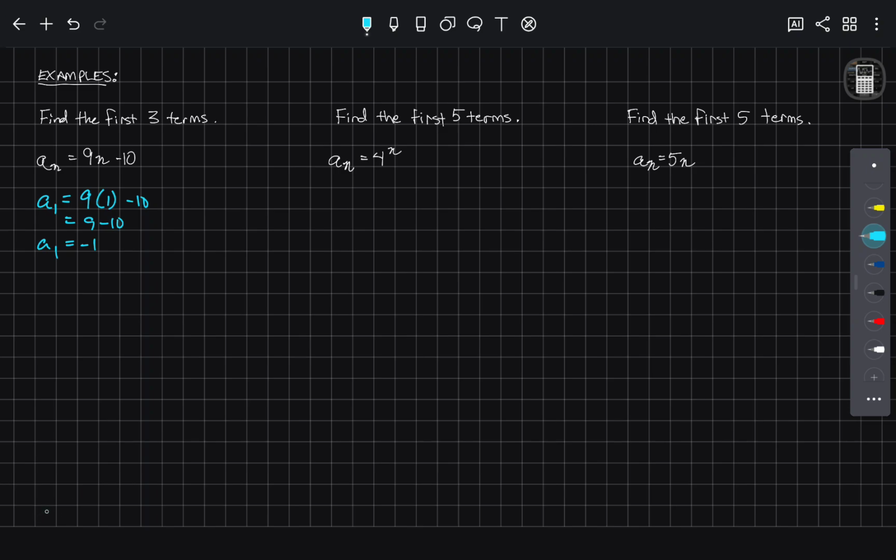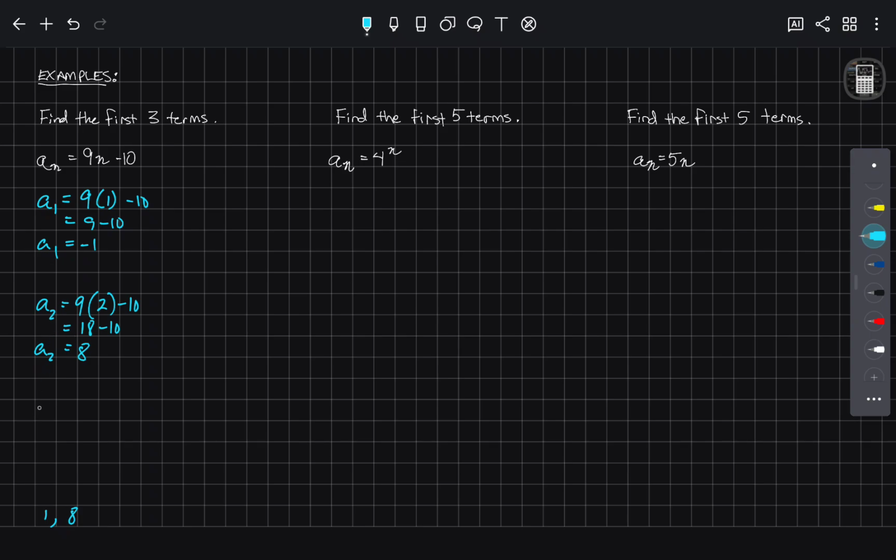So I'm going to go down here and put that the first number in the list is negative 1. Let's try to find the second one. a2 equals 9, and n is the position. We're looking for the second number in the list, so we're going to do 2 minus 10. Evaluate. 18 minus 10. a subscript 2, or the second term in the sequence, is going to be 8.